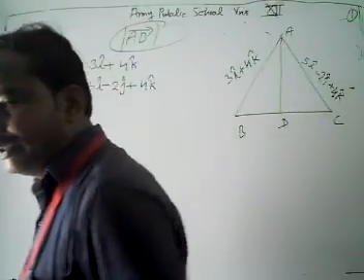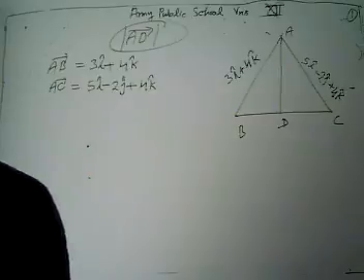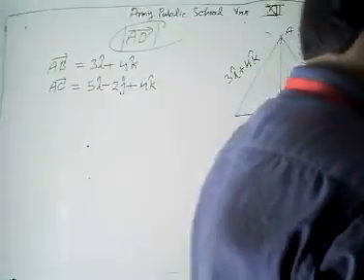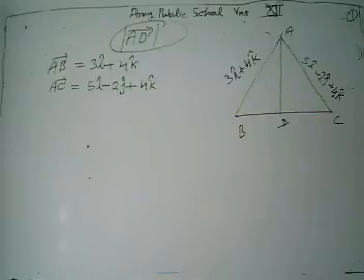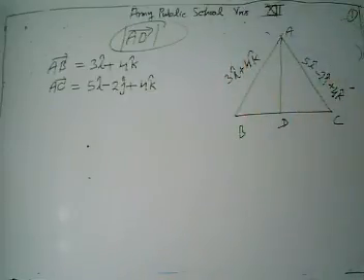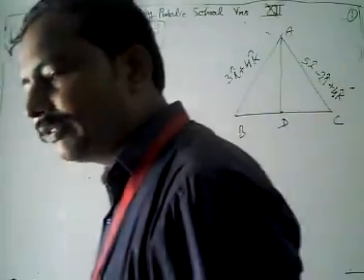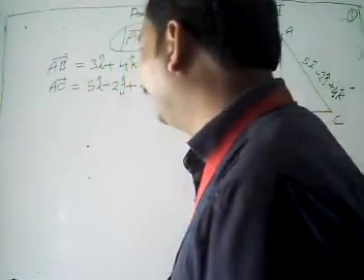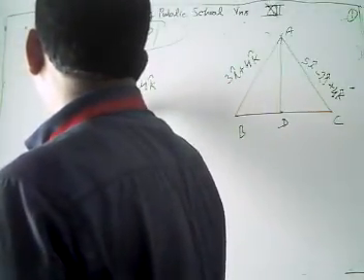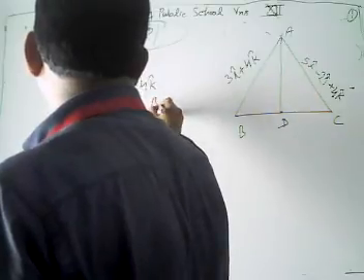We have been given 2 sides of the triangle, vectors AB and AC. First of all, we have to use AD. Look at D, the median. D is our midpoint of BC.